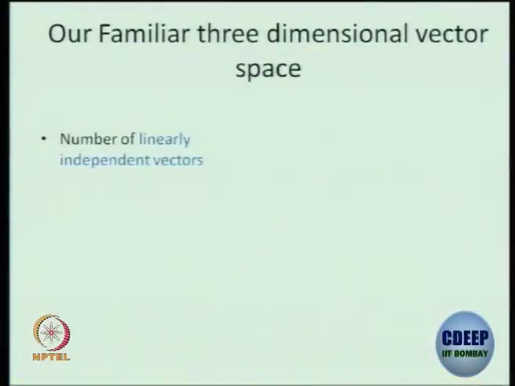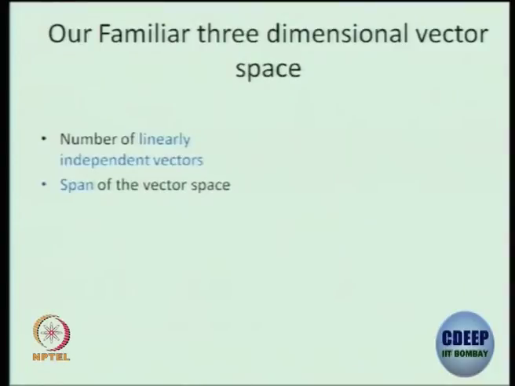Okay, so just to put it in the form of a flow chart or a set of points. You can look at least in 3 dimensional space, in this physical space, how many linearly independent vectors you will have, right? I have said here 3 dimensional vector space, which is what we mechanically talk of as x axis, y axis and z axis.